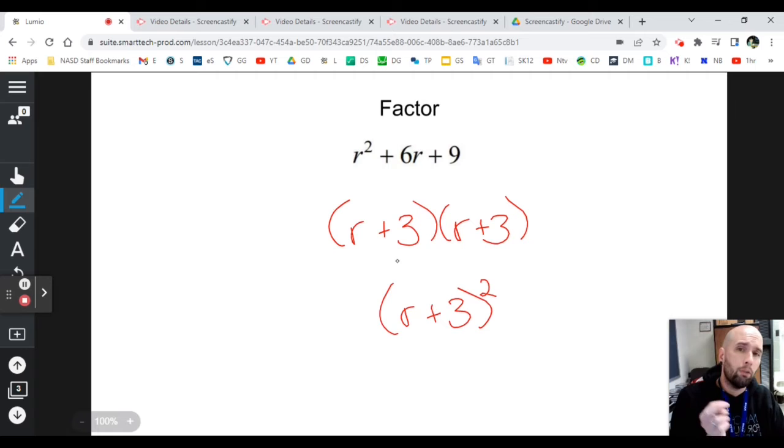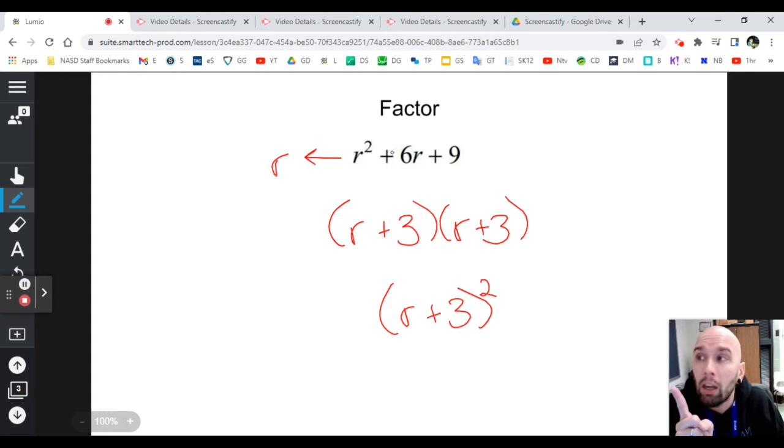There's a faster way of doing these. If you notice that that is a square, and you notice that that is a square, you might remember from difference of squares that that's a shortcut. However, this isn't a difference of squares. In difference of squares, there was nothing in between. Here, you have a number with a letter attached to it. But what's special is if I take that term and square root it, I'll get r.